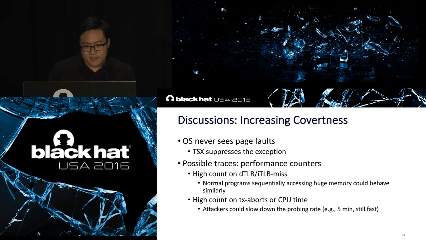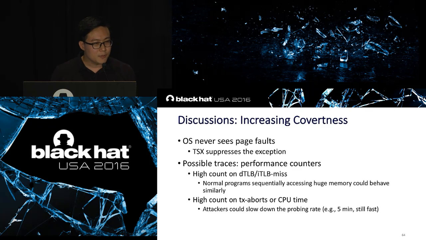Another thing is the benefits of the DRK attack. It has less noise, and all the exceptions are suppressed, so the operating system never sees the fault. So it is very hard to detect.